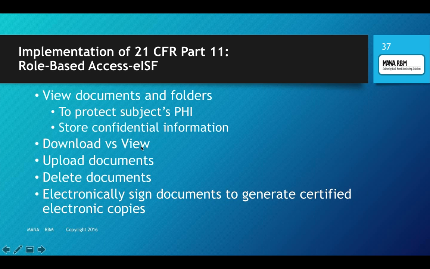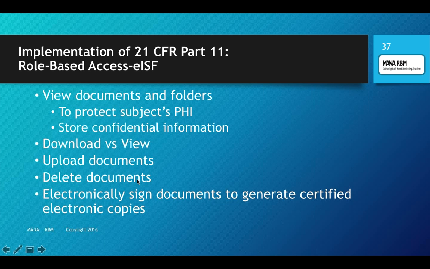Also, many of these systems have the option that you can either download or view. So if you are reviewing it as a monitor, information with PHI, you may not want that monitor to be able to download. You may only want them to be able to view it so that you don't have documents out there on people's laptops that you don't need. So this is something that you want to look for as well: the ability to upload documents, to delete documents.